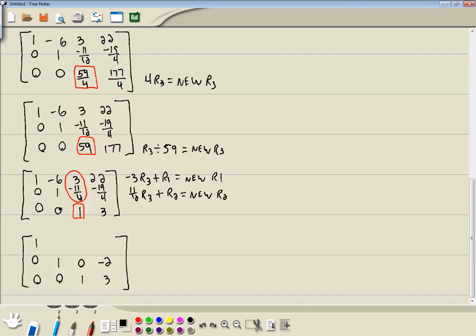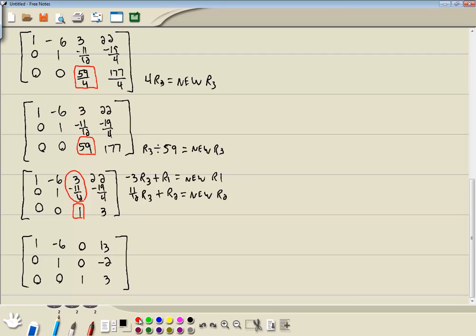Negative 3 times 0, 0 plus negative 6 is negative 6. Negative 3 times 1 is negative 3 plus 3 is 0. Negative 3 times 3 is negative 9 plus 22, and I shouldn't have to put this in my calculator, but I am. Gives us 13. Yeah, I guess that's right.